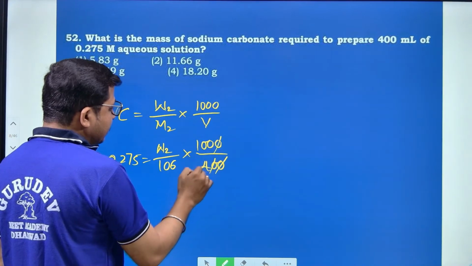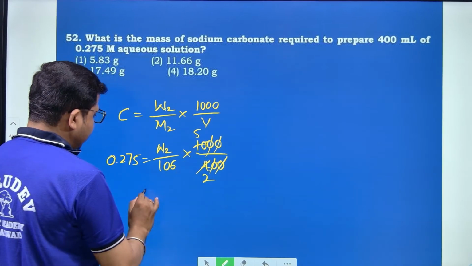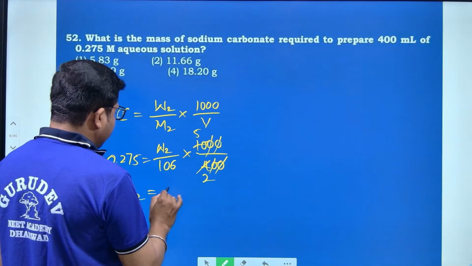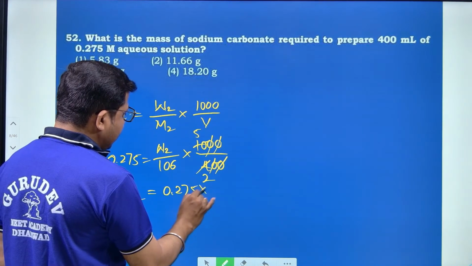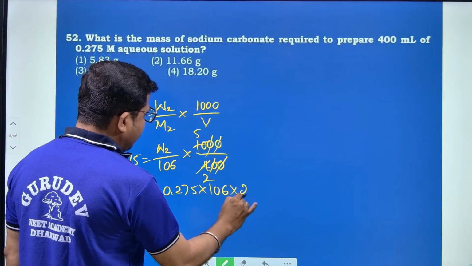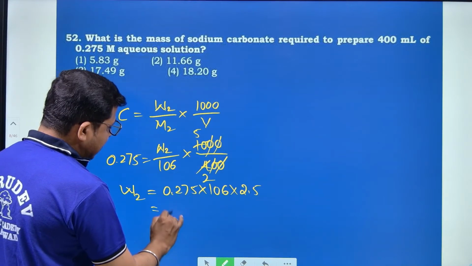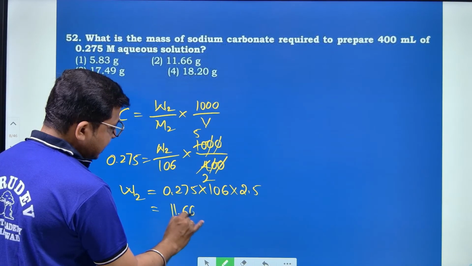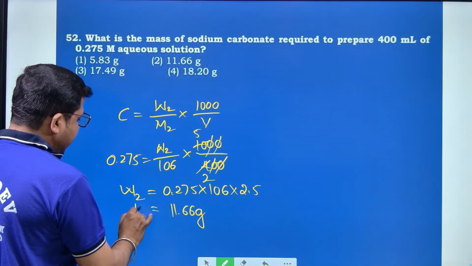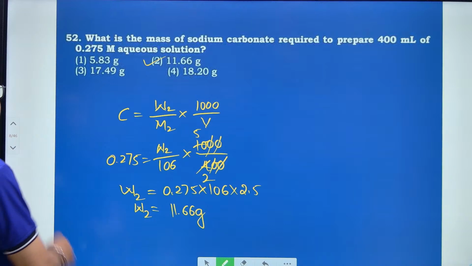Simplifying, W2 is equal to 0.275 into 106 into 2.5. The simplified answer becomes 11.66 grams. Hence the right answer is option number 2.